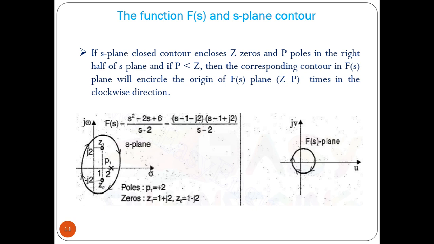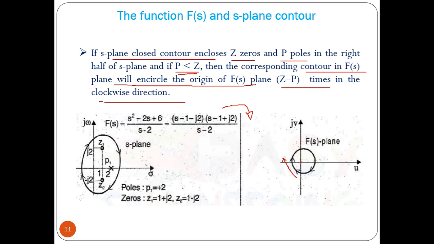Now similarly, if we have P less than Z, that means the S plane closed contour encloses Z number of zeros and P number of poles in the right half of S plane, then the corresponding contour in the F(s) plane will encircle the origin Z minus P times in the clockwise direction, because here Z equal to 2 and P equal to 1.